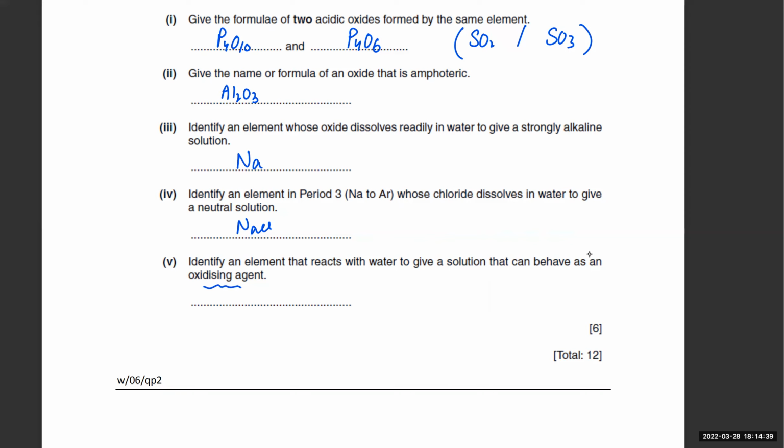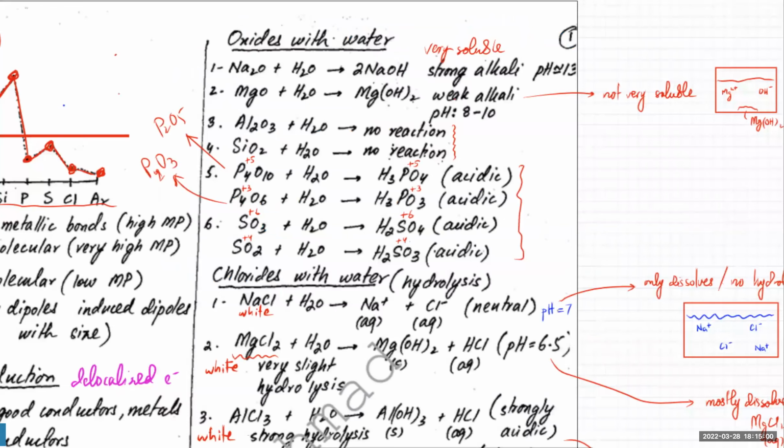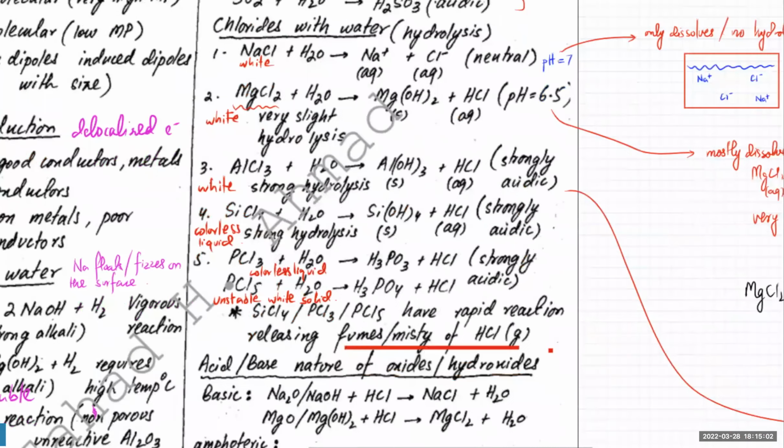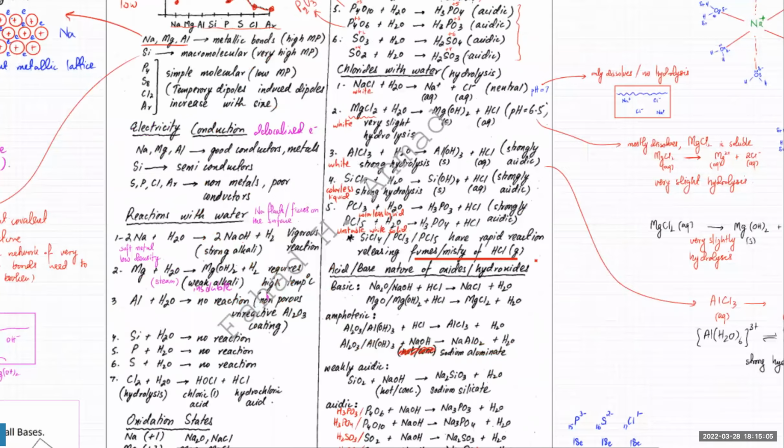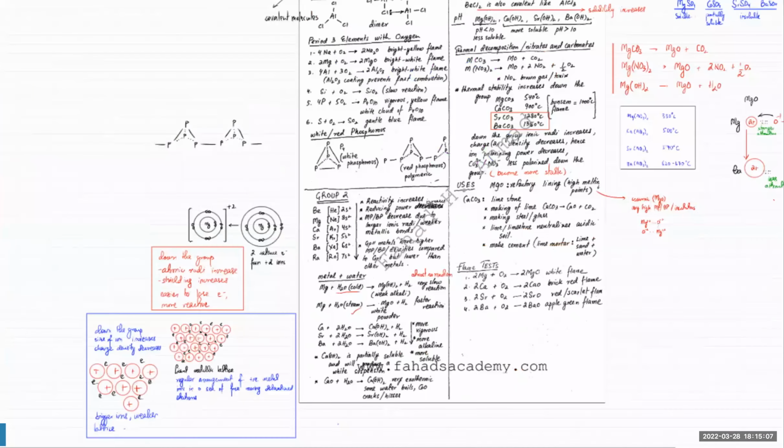An oxidizing agent, what does it do? It loses electrons or gains electrons? What happens to itself? It gets reduced. So it gains electrons, right? Yeah. So we're basically talking about group 17 over here. Okay, let me take out group 17. It will be below this.